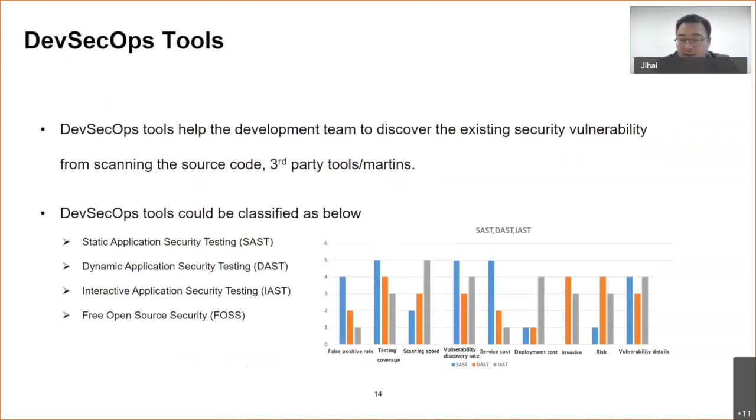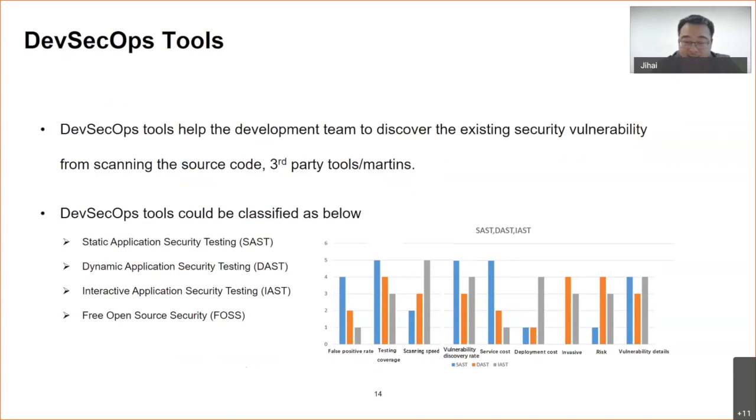Then how can you guarantee the third-party thing you introduce is safe? This is the job of the fourth tool, called free open source security tools. These tools find the third-party packages or libraries, scan them, and tell you whether or not they have vulnerabilities.